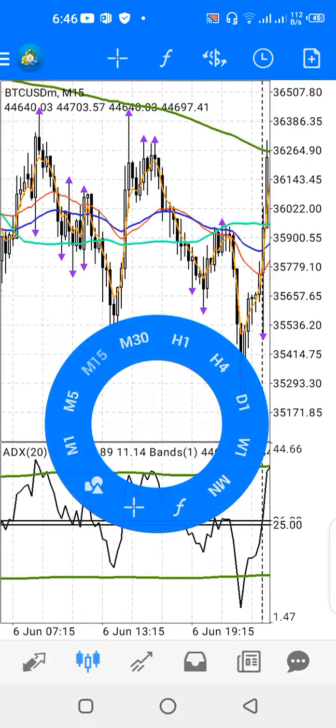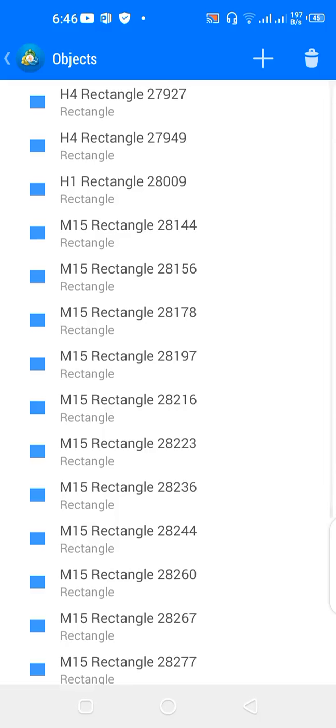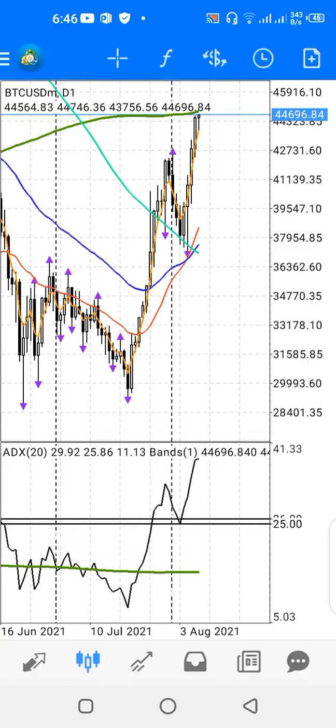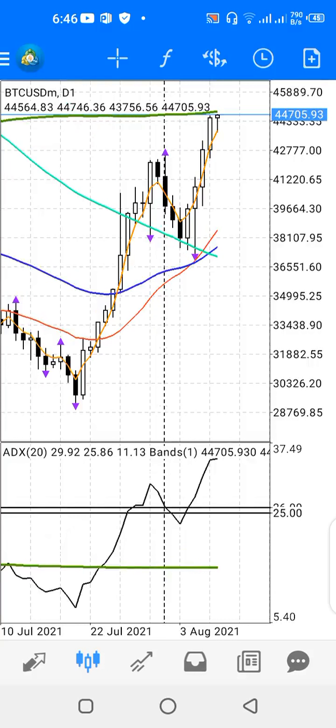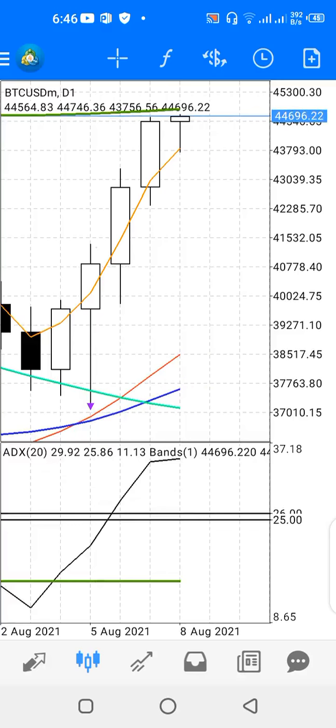Don't forget to go to the daily time frame, look at what's happening on the daily time frame. Right now, the daily price dipped for today, and then you can see it has come up, leaving a long wick below, and price is still pushing up, trying to break the high of the previous day.